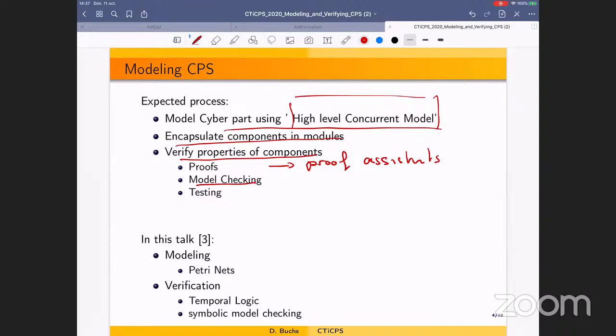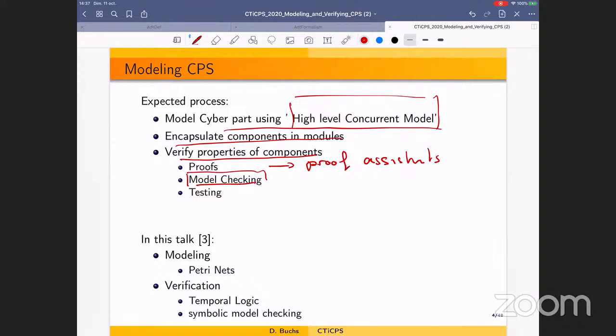Okay, so for the rest of the talk, I will concentrate on model checking. It means using techniques for automatically proving properties of systems under some assumption about the system, which is in general the finiteness of the state space.